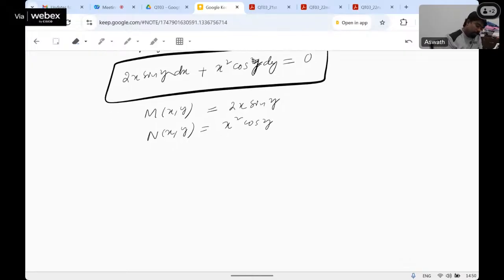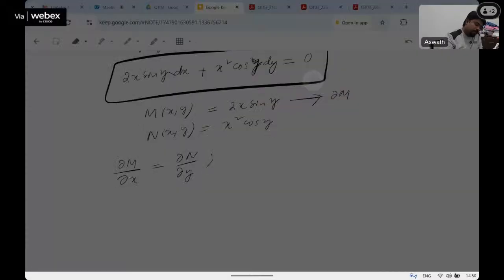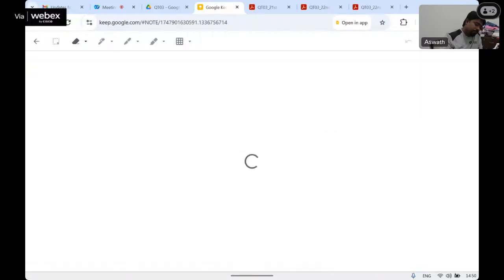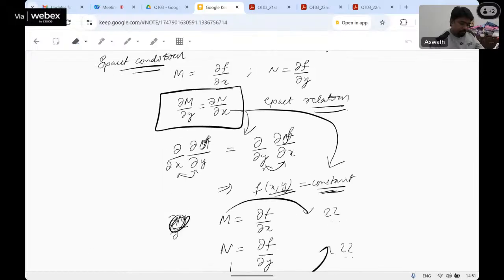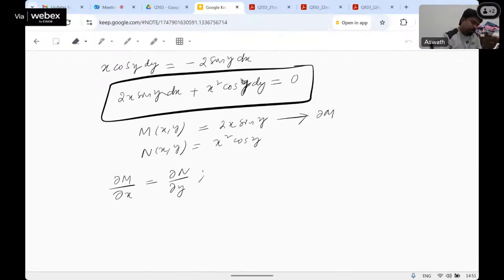So now first thing I have to find is whether dm by dx is equal to dn by dy. So let's find out from here. What is the derivative of m with respect to x, which is simply 2 into sin y.